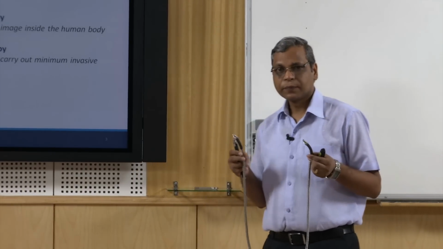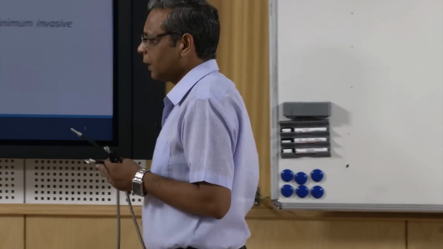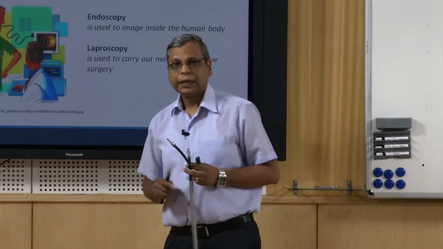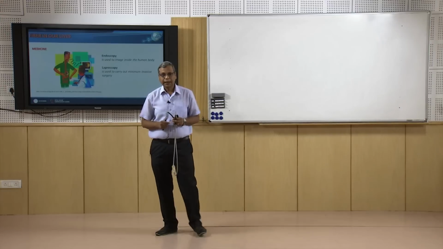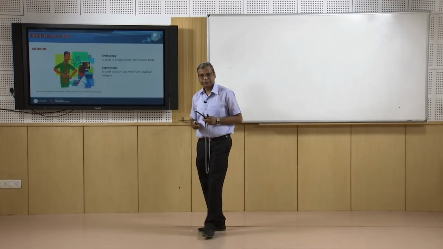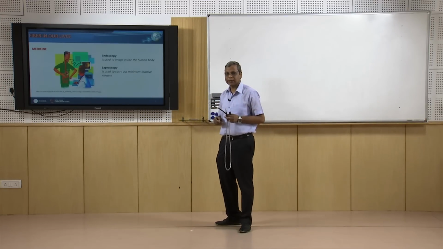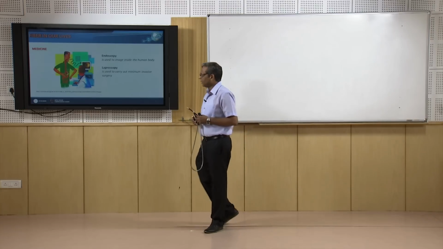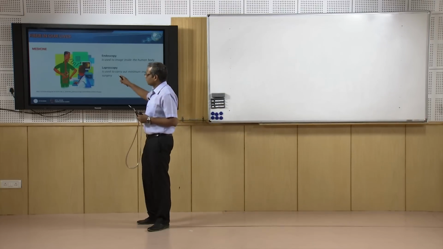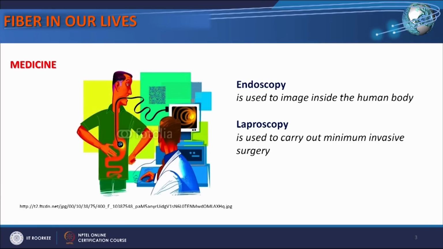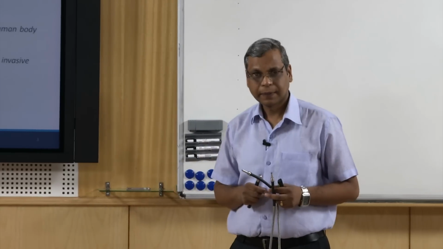What does it do? Well, you can slip this kind of fiber inside the human body and image it inside. You can see the ailments which are happening inside, and if you put a laser beam through it, you can even do surgery. This is minimally invasive surgery.